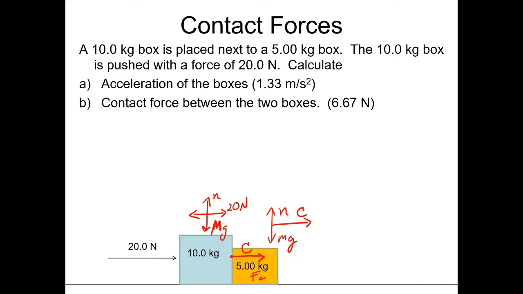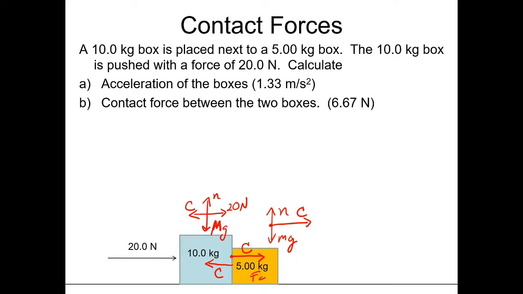But we've got to remember Newton's third law. For every force, there's an equal and opposite force. So if the blue box is pushing on the orange box, the orange box is also pushing backwards. You can think of it as resisting the motion.